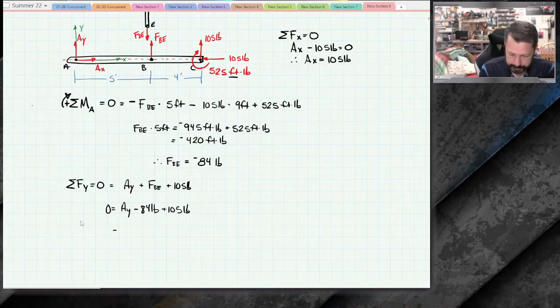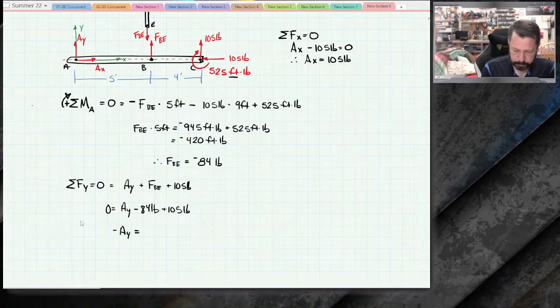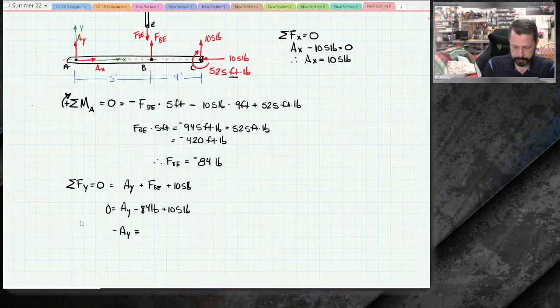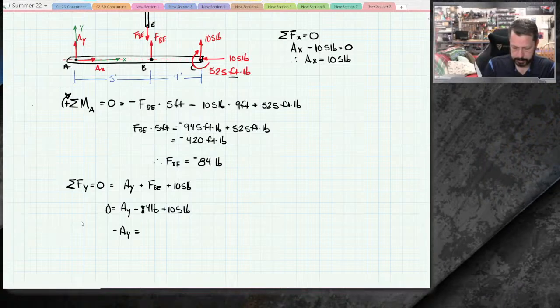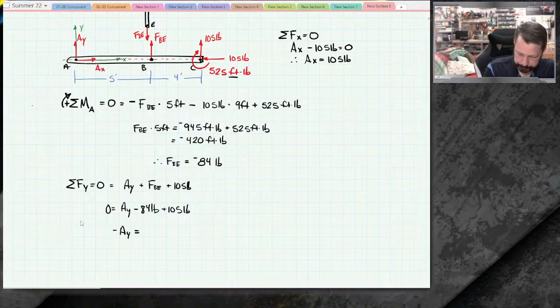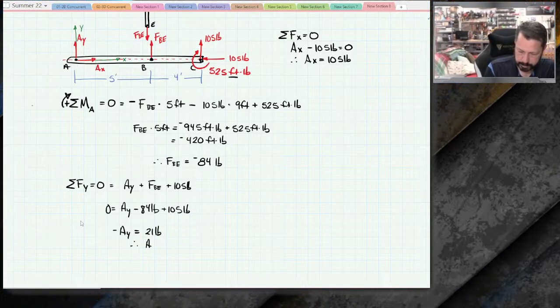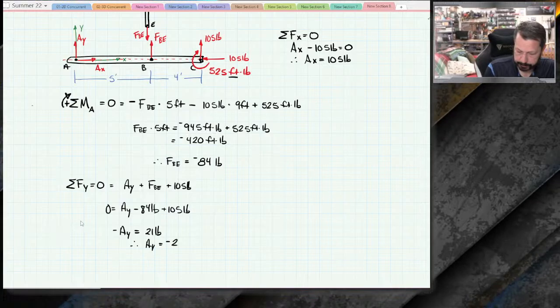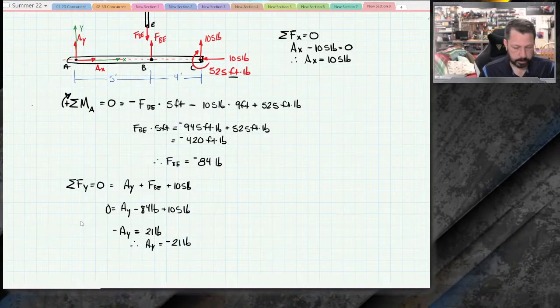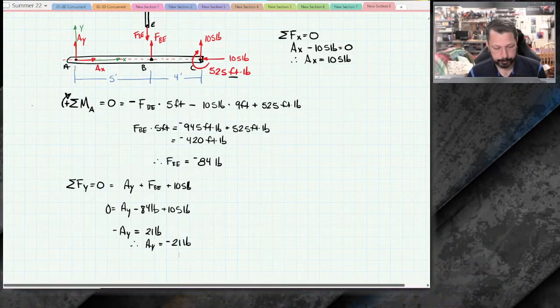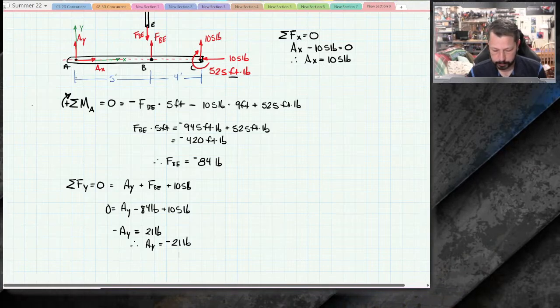So negative AY equals 105 minus 84, 21. So therefore AY is a negative, meaning I chose the wrong direction. It should be going down 21 pounds.